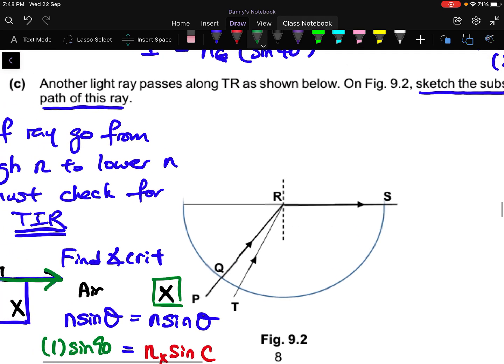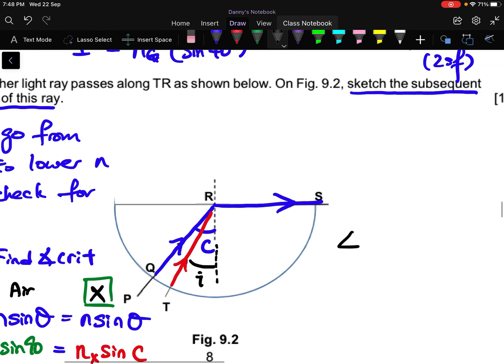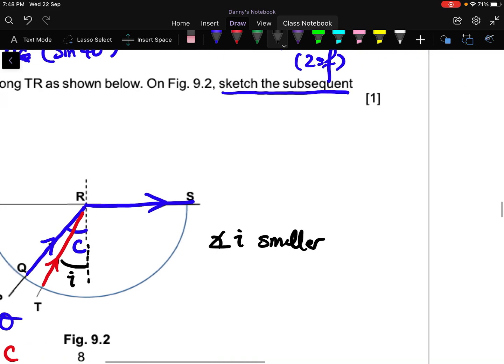So if now I solve my equation for C, I will know the critical angle of substance X, right? But this question, they are very kind to you. They already tell you that this is my critical angle for this particular glass block. Now you have a ray whereby the angle of incidence is smaller than your critical angle.